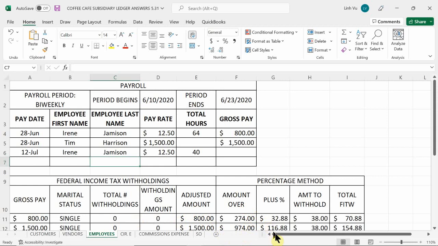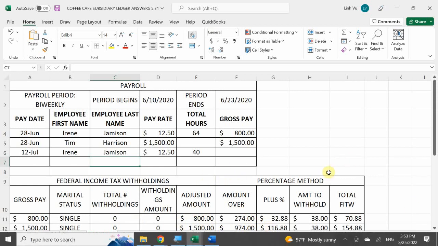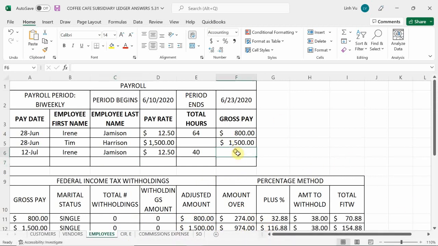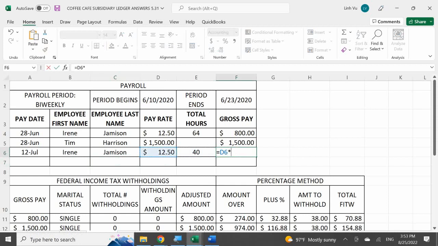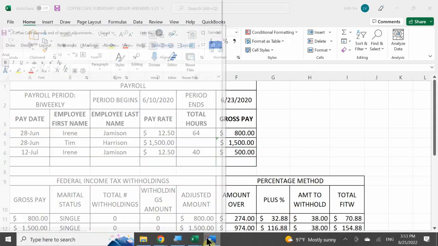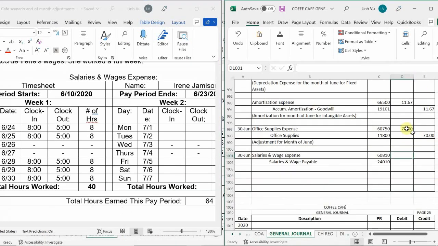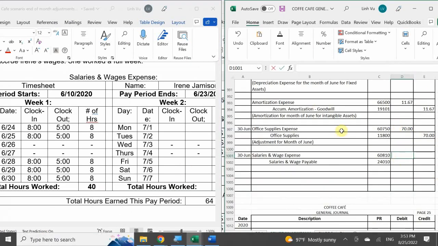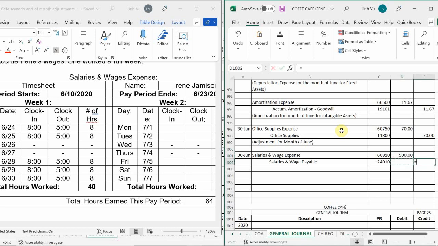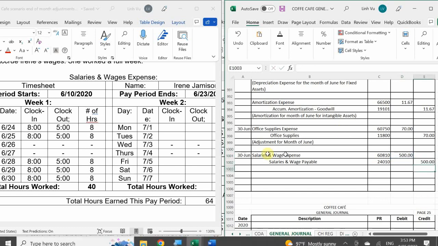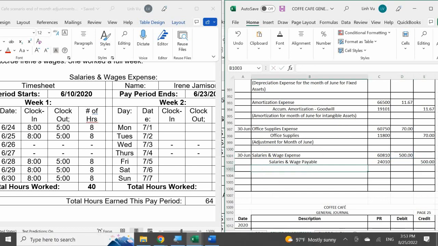So how much money do I owe Irene as of now? $500. You owe her $500. Okay, great. So I'm going to go ahead and acknowledge that. I owe her $500. And of course, what you can do here, you could say accrue for Irene.